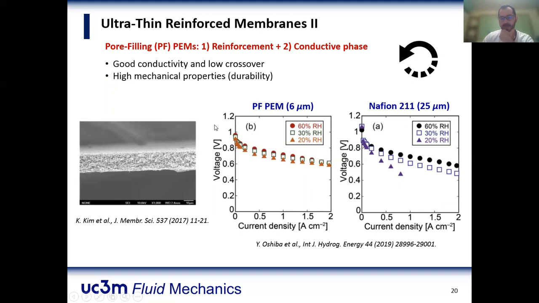It's very promising, this approach of pore filling, because we can reach very high mechanical properties. So this can be a good procedure to have these thin membranes with better performance, but also with very good mechanical properties. So the next steps are the synthesis of this kind of membranes with this approach.